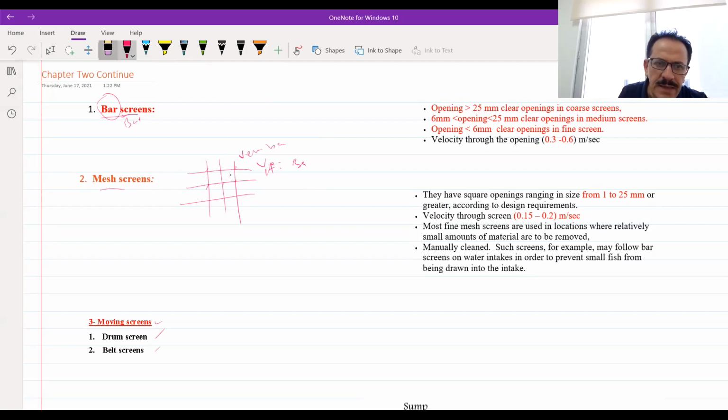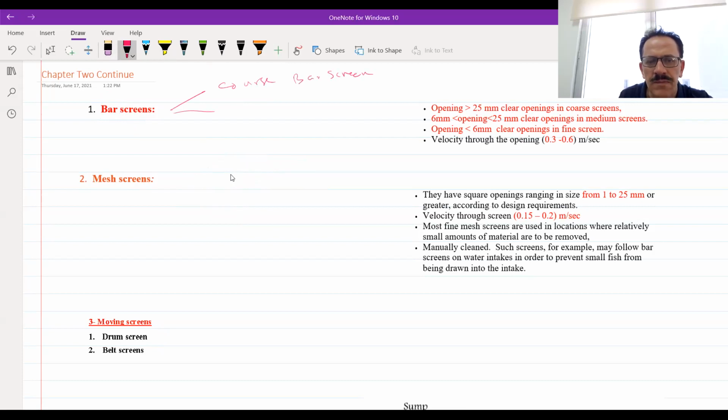Now, a quick property for these screens: we have bars, which are called coarse bar screens, middle bar screens, and fine bar screens. What is the difference? It's all about the space between two adjacent bars.